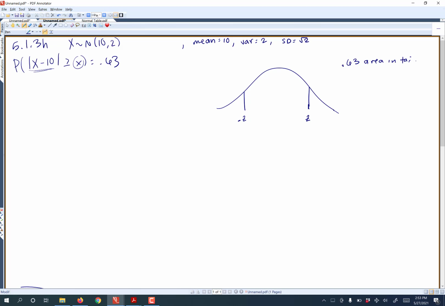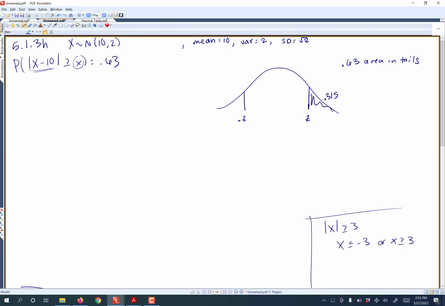I know that because if I was back in a math class and I wanted the absolute value of x greater than or equal to 3, that means x is less than or equal to negative 3, or x is greater than or equal to positive 3. If you don't remember this, look up inequalities with absolute values online and you can find some videos on it. But when you have absolute value greater than or equal to, that means you're going to be looking in the tails.